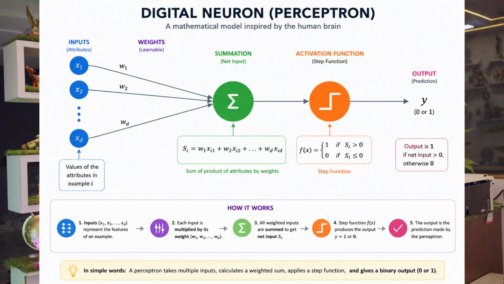Scientists thought, can we create a similar neuron inside a machine? This idea led to the creation of the digital neuron. A digital neuron is a mathematical model inspired by the human brain. In a biological neuron, we have signals. In a digital neuron, we work with numbers.